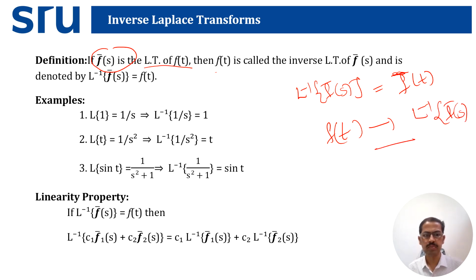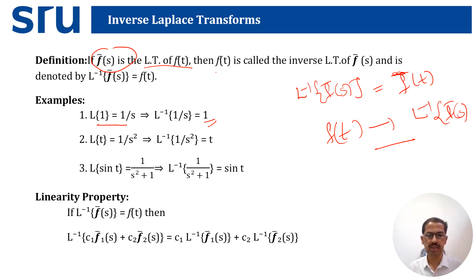Just inverse. If you take the Laplace transform of 1, what is it? 1 by s. Then the inverse Laplace transform of 1 by s is 1. Similarly, the Laplace transform of t is 1 by s square, so the inverse Laplace transform of 1 by s square is t.